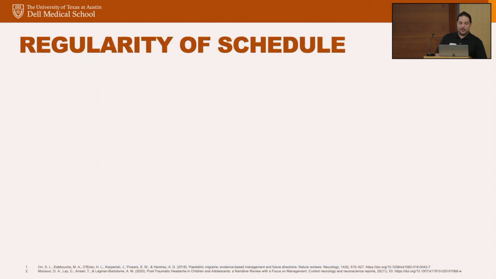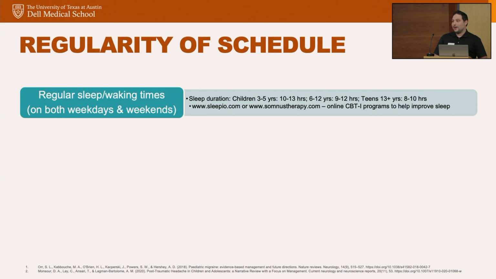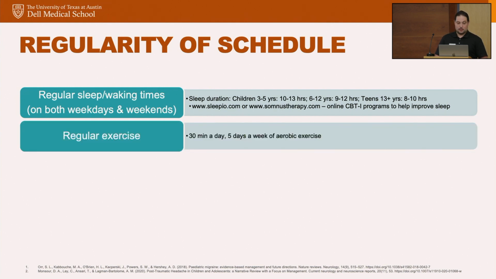Now, with all of my migraine patients, I stress regularity of schedule. So this means regular sleep and waking times, and this includes both on weekdays and weekends. Regular exercise. I recommend to all my patients that they exercise at least 30 minutes, 5 days a week, and this is aerobic exercise.